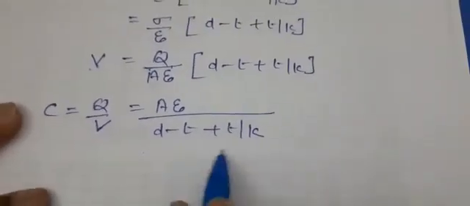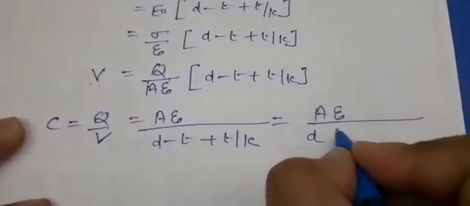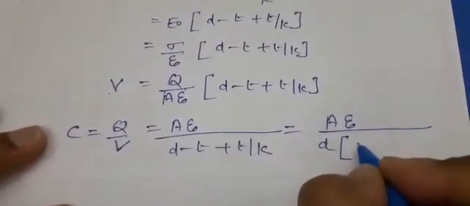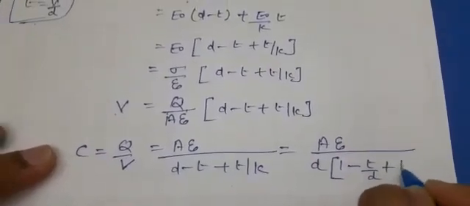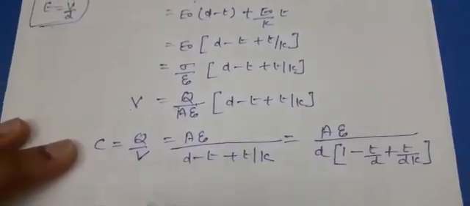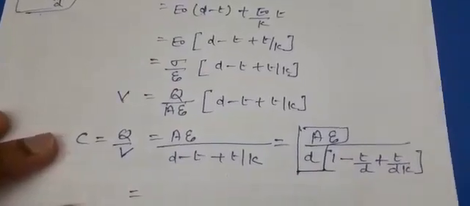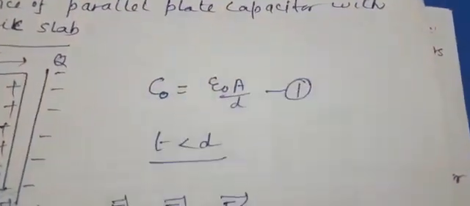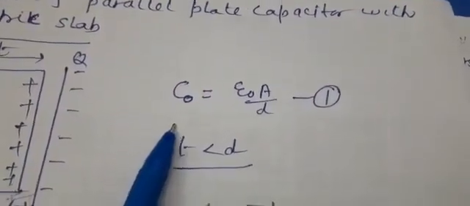Further, here in the denominator, if we take d common, what we are getting? 1 minus t upon d plus t upon dk. Right? So here a epsilon naught upon d is the capacitance, which I have represented by C naught. This is the capacitance of parallel plate capacitor when air or vacuum is in between.